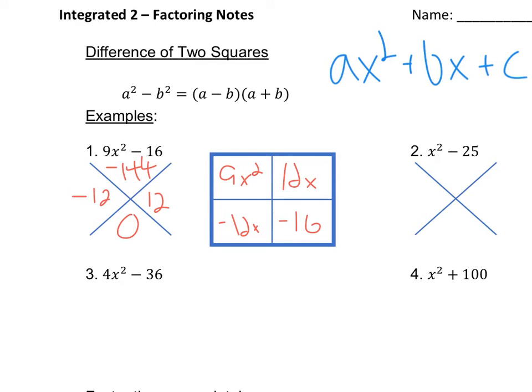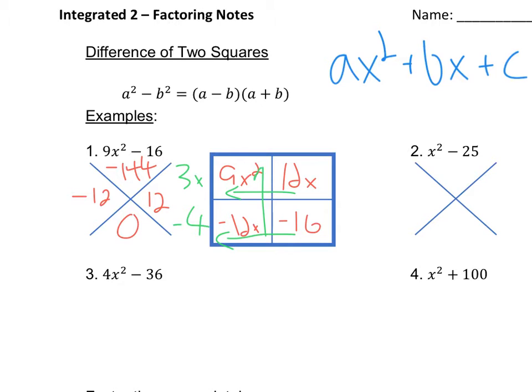Now I do the same thing. We look for our GCF. Negative 12x and negative 16 have what in common? Negative 4. And then 9x squared and 12x have what in common? A positive 3x.